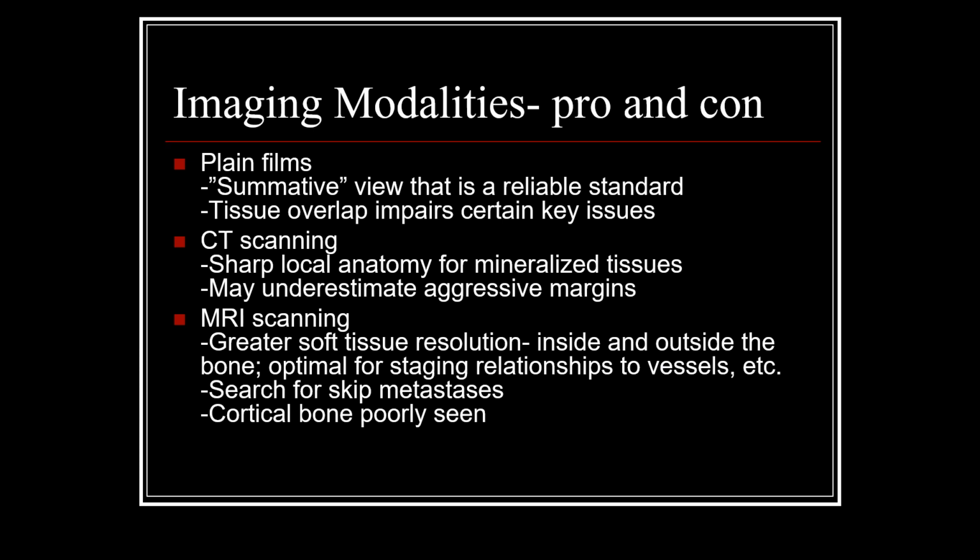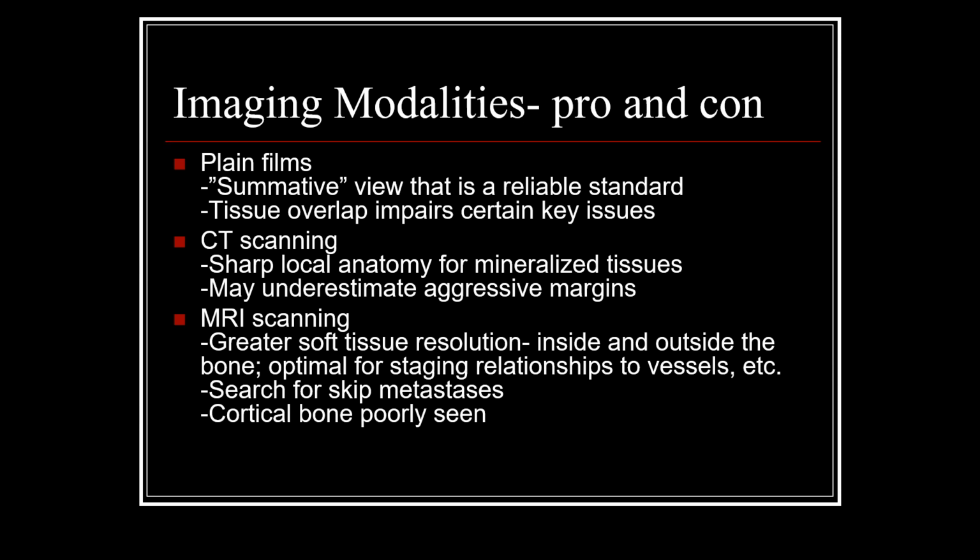But obviously, tissue overlap can make things a little bit obscure and may miss certain key issues like soft tissue invasion and so forth. CT scanning gives you sharp localized anatomy, especially for mineralized tissues, but it sometimes can underestimate the aggressive nature of margins because it doesn't discriminate that in quite the same manner that other things do.